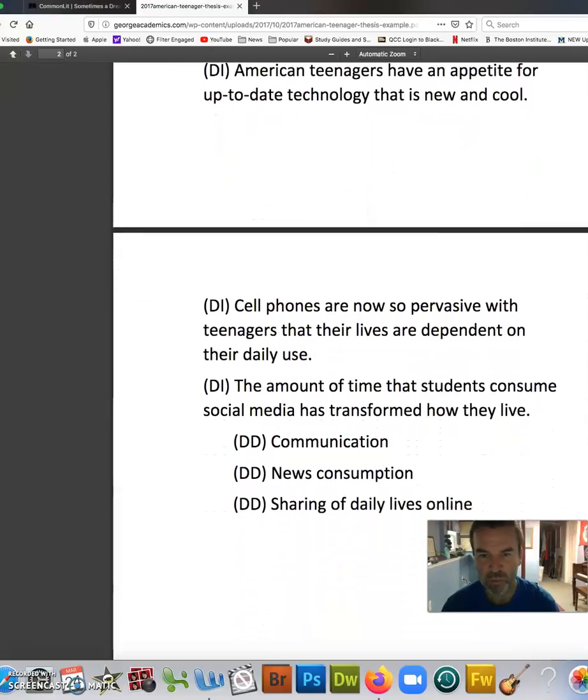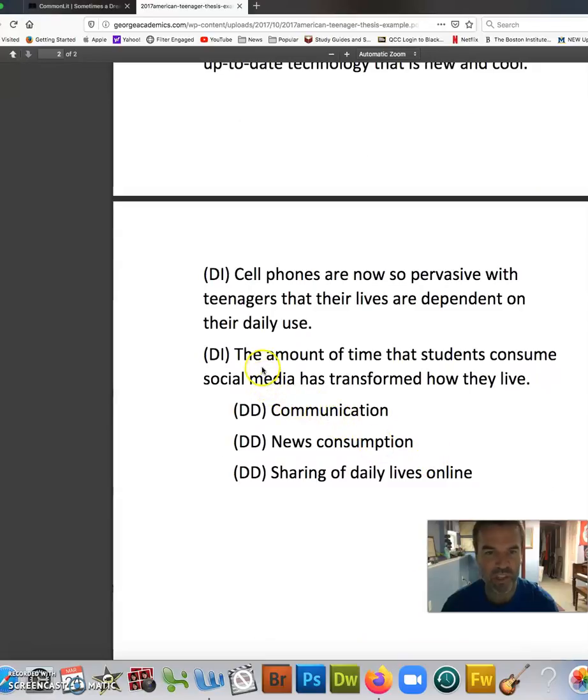But as I go a little bit deeper, I just wanted to show you that within each paragraph, I also have 3 pieces of evidence, 3 developmental details that I'm going to use to help prove my topic sentence or developmental idea. So the way it works is I have the evidence based on the documents.